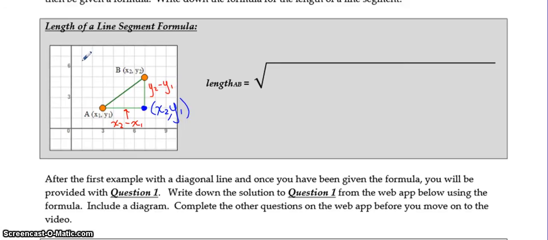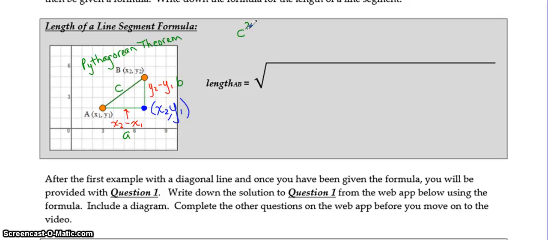Then what you'd be doing is using the Pythagorean theorem. So to find the length of this side, you have a squared plus b squared equals c squared.